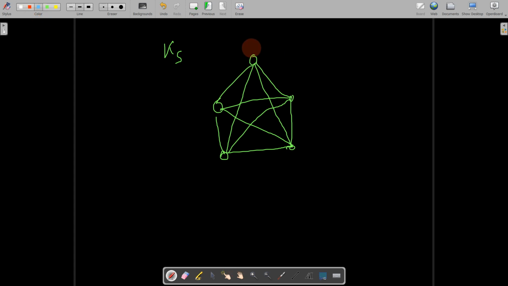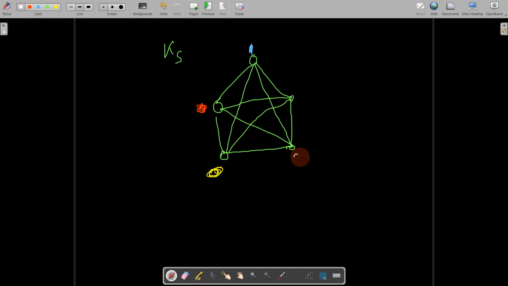If I color this node blue, I cannot use blue for any of the other 4 nodes because each and every node is adjacent to each other. So the minimum colors required would be the same as the number of nodes. This has to be colored differently, red. This has to be colored yellow, for example. I cannot use the same color because all the nodes are adjacent to each other.